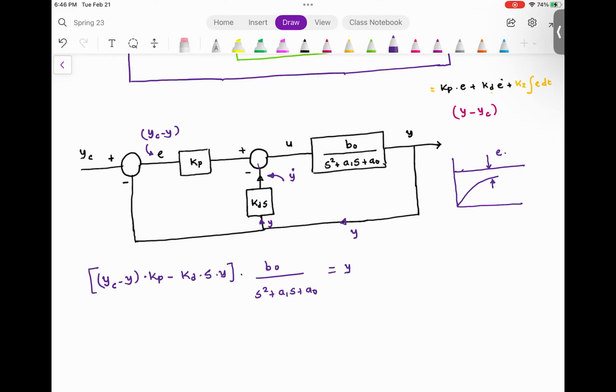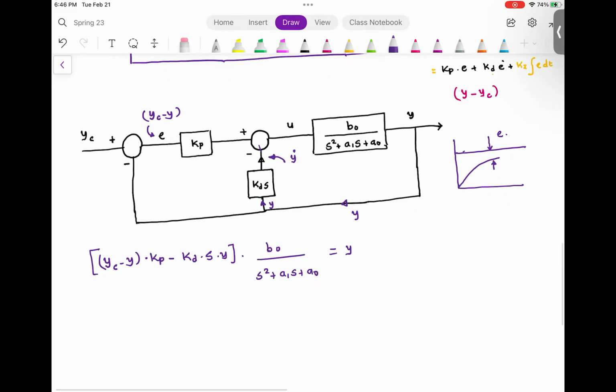And what we want to do is, at the end, we have to perform this mathematical jugglery and get y divided by yc. This is the control and the actual. So this is the transfer function that is relating output and input. And error is the difference between output and input, by the way.